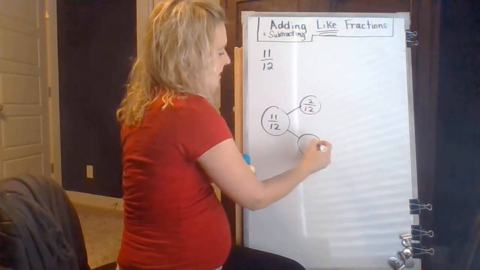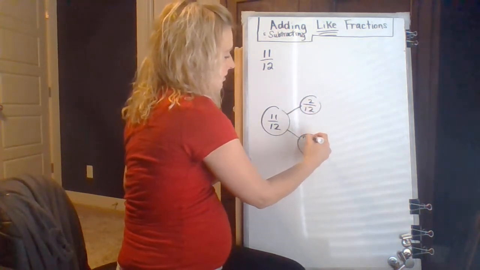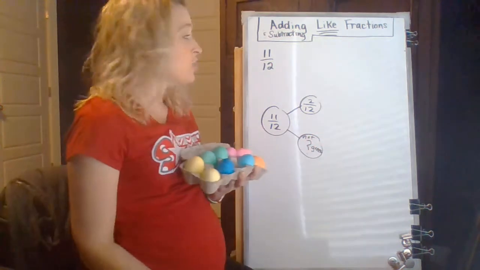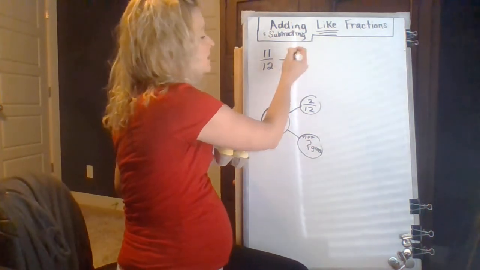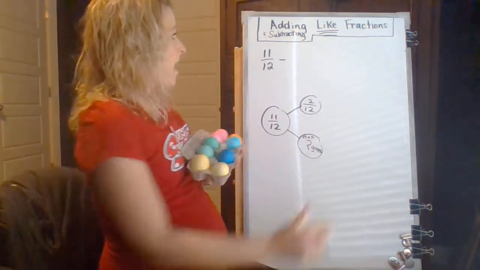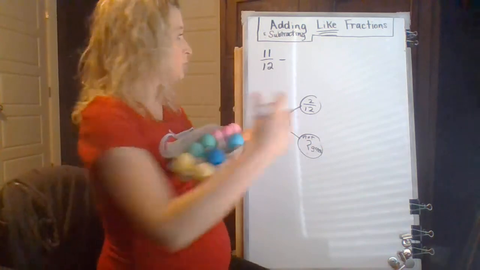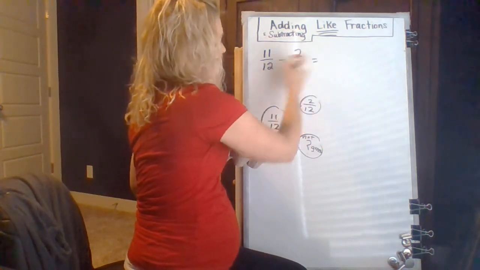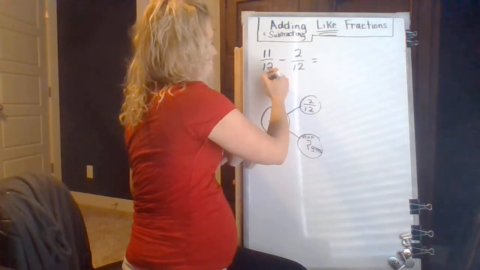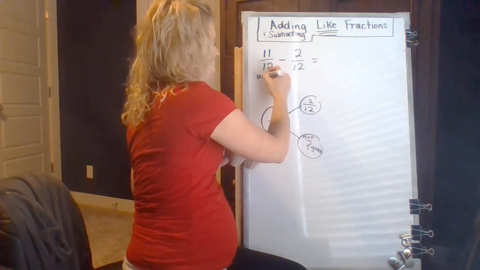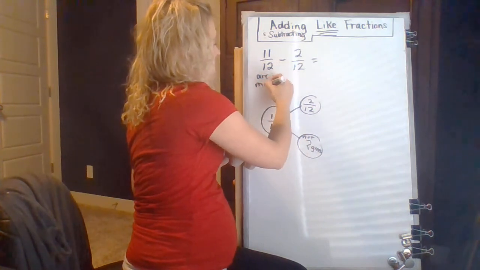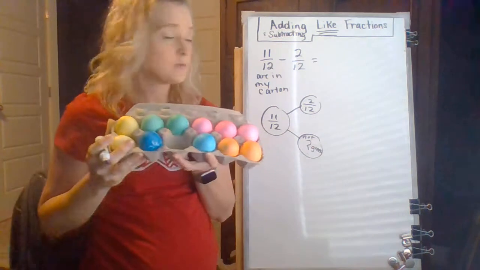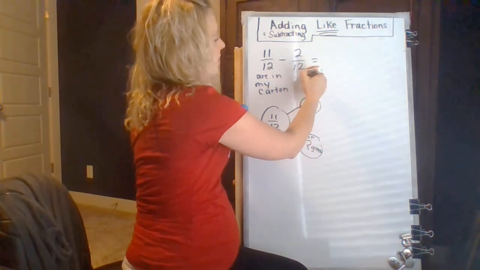I want to know how many are not green. So I'm finding the difference. So I'm going to be subtracting 2/12 from this amount. So 11/12 are in my carton to start out with. That's my total, 11/12. And I remove 2/12 that are green.